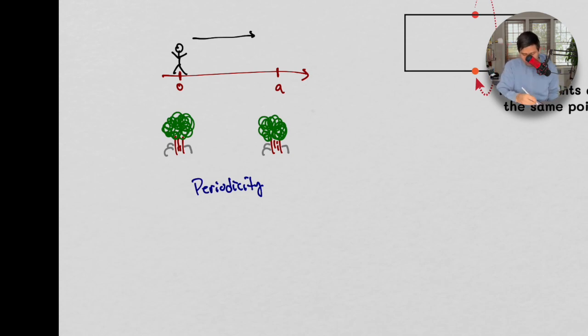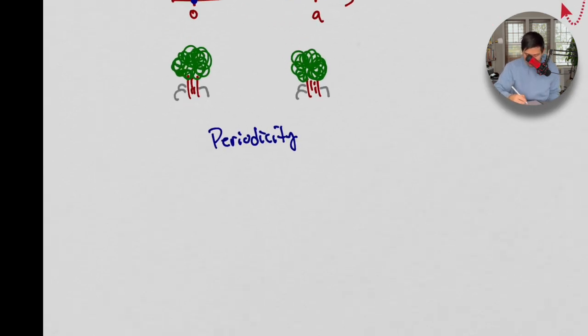By virtue of walking in a circle, then what you're doing is you're saying you identify point 0 with point A. Okay? They're the same exact point because you're making this observation that the tree is the exact same tree. Okay? And so what I'm going to call a periodic dimension.